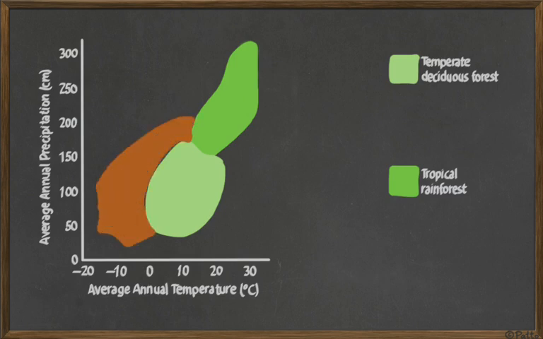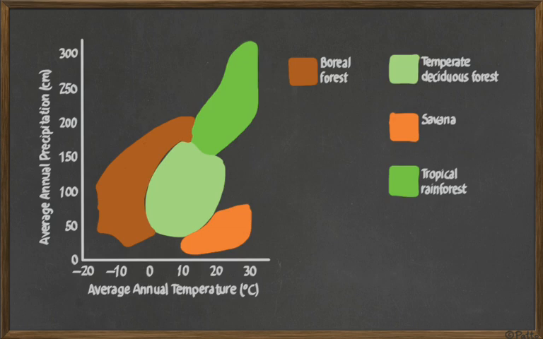But if you have a much colder temperature and precipitation ranging quite widely, from not so much to almost the same as in some tropical rainforests, but colder, then you have a boreal forest, the taiga, the coniferous forest. Down there you have a temperature as hot as a tropical rainforest, but much drier. So there you have a savanna.